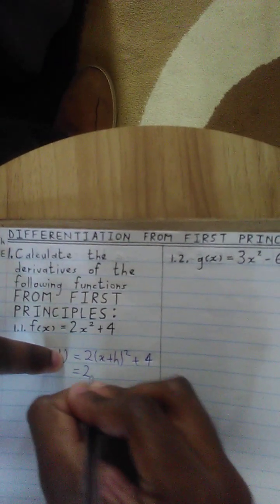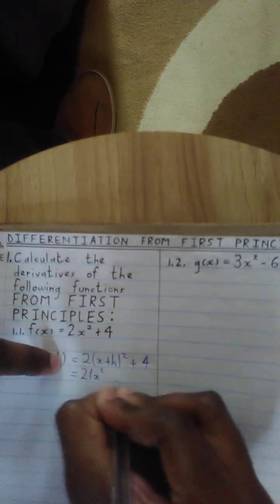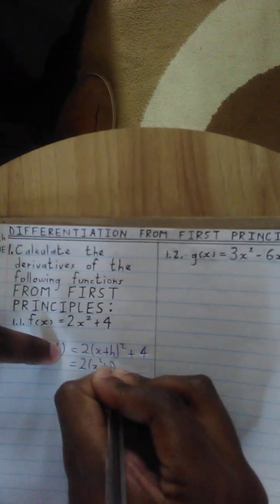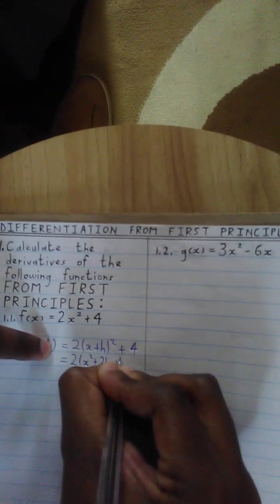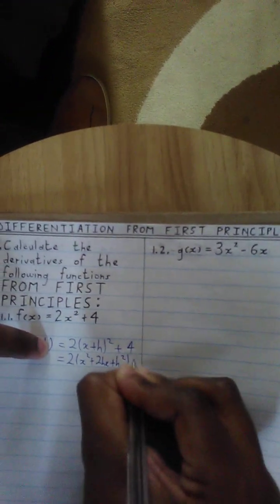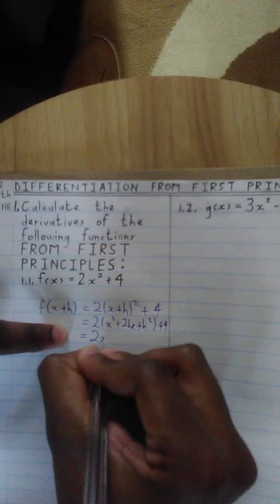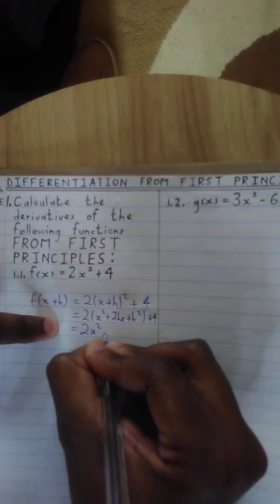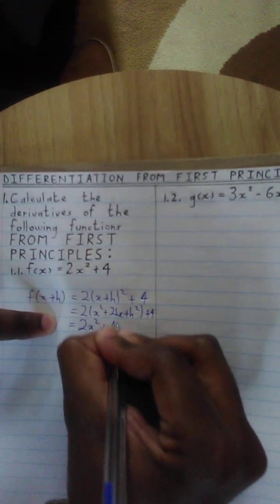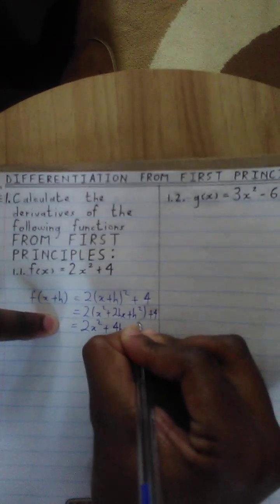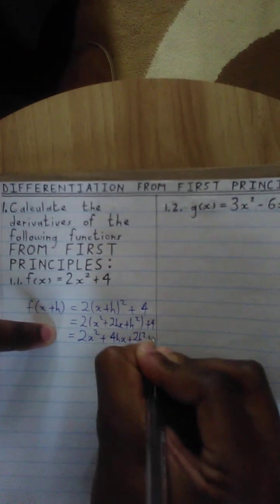Expanding what's inside the bracket, it's going to be x squared plus 2hx plus h squared, and then plus 4. So it's going to be 2x squared plus 4hx plus 2h squared plus 4.